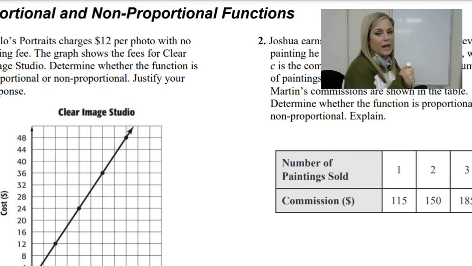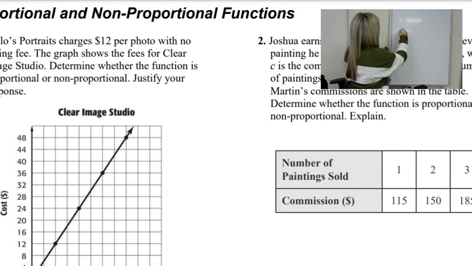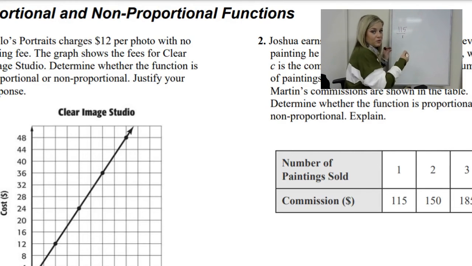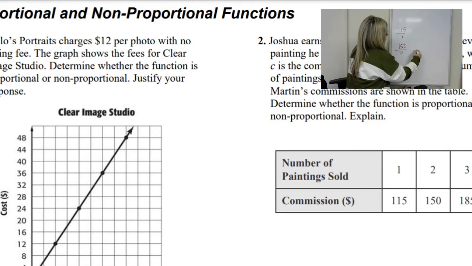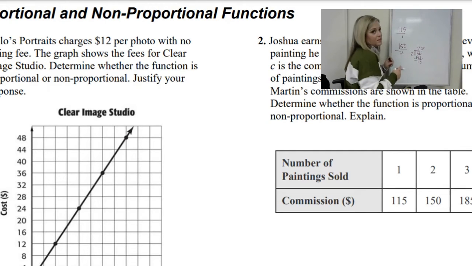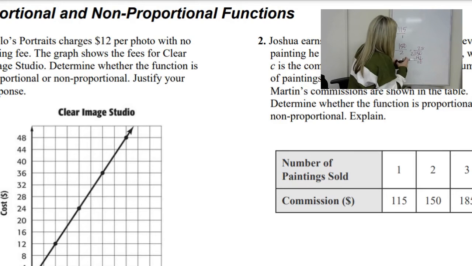But even if you look at the commissions and you look at the 115 over 1, that is as reduced as it can be. 150 over 2, not as reduced as it could be, which would be 75 over 1, right there.